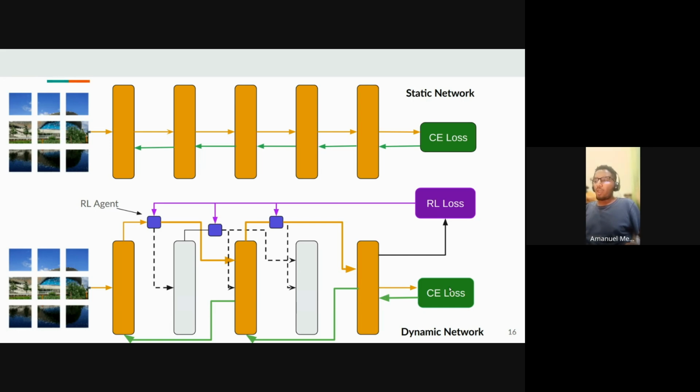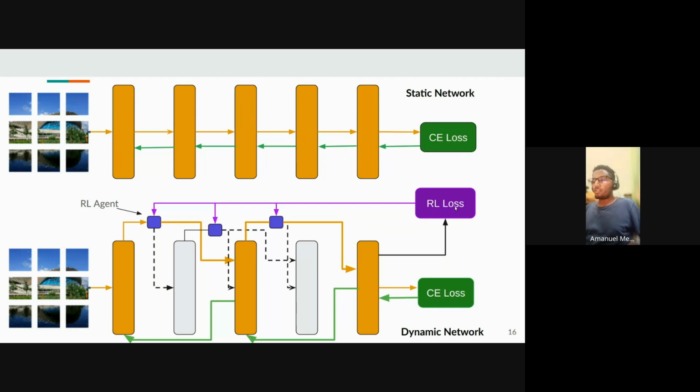We have our cross entropy loss just like before, but the backprop will be on the original path where the image is computed. So this is extremely dynamic. Instead of having a static path, we have a completely dynamic path.